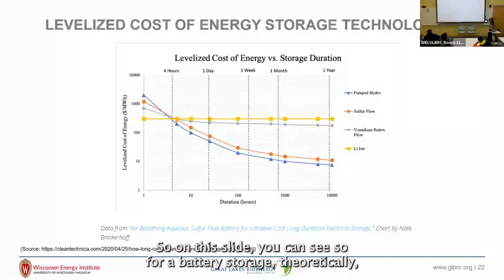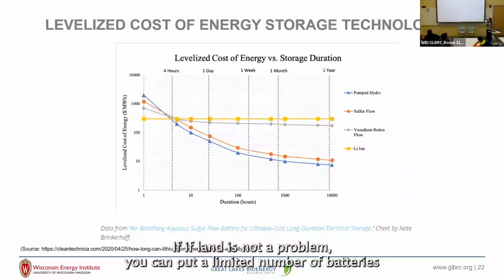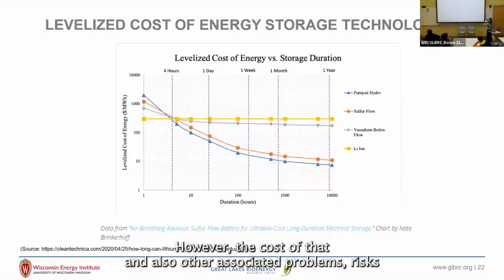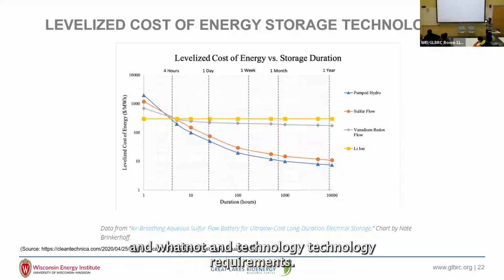On this slide, for battery storage, theoretically, you can put as many batteries as you want in the building. If land is not a problem, you can put an unlimited number of batteries to increase the capacity it can store. However, the cost of that and other associated problems, risks or fire hazards, would increase, and cost would also increase because of the infrastructure, land acquisition, and technology requirements.